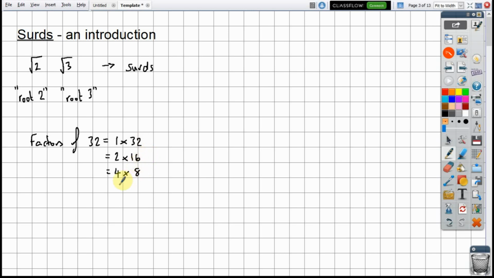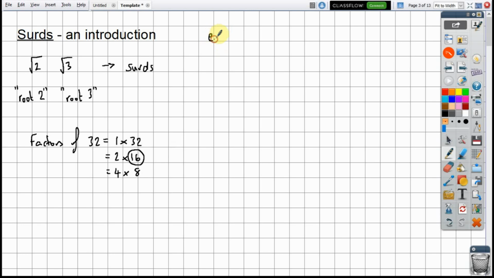Now the key thing here is to look at these 6 factors and identify which ones are square numbers. There's the 4 and there's the 16. And generally, it's helpful to choose the bigger one. So you look for the biggest square number amongst the factors.